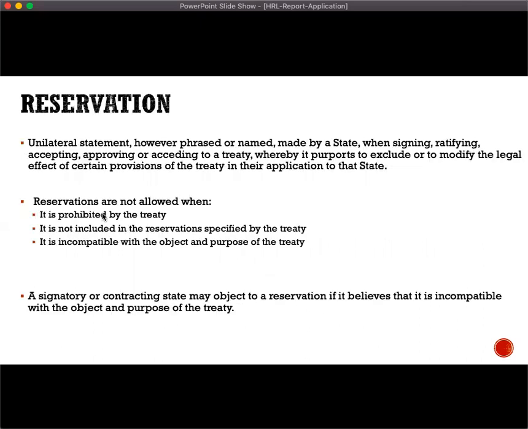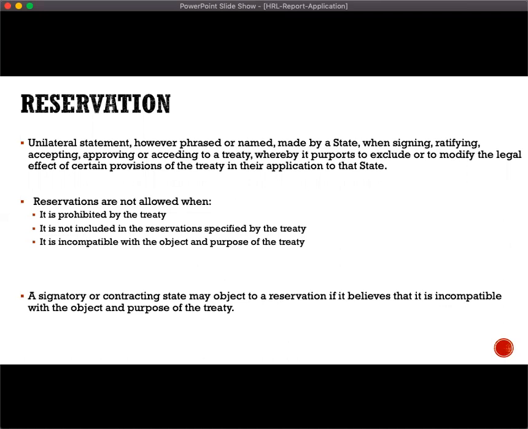To elaborate further, when we say reservation, it is a unilateral statement, however phrased or named, made by the state when signing, ratifying, accepting, approving, or acceding to a treaty, whereby it purports to exclude or to modify the legal effect of certain provisions of the treaty in their application to the state.